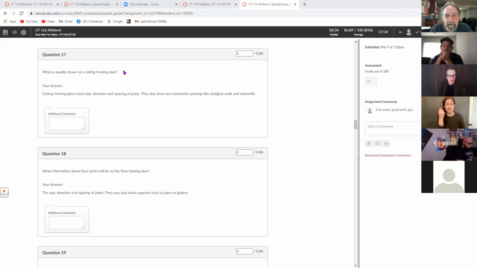I mean, it might, if there's a really weird intersection of rafters and joists that they want you to see, but often that'll be in a detail also. But usually it's just joists. I mean, that's pretty much what a ceiling is. And so it tells you which way they're going, the extent of their spread, and the size of them.